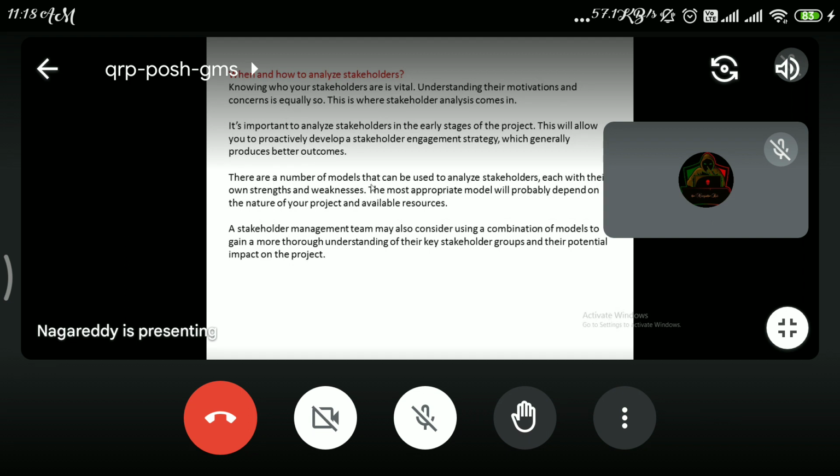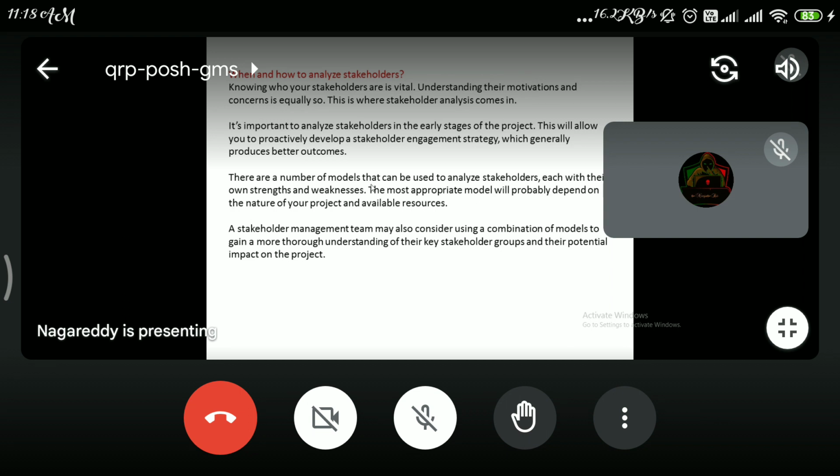It's important to analyze the stakeholders at an early stage of the project. This allows you to proactively develop stakeholder engagement strategies, which generally produce better outcomes.